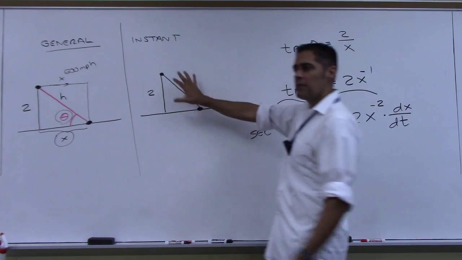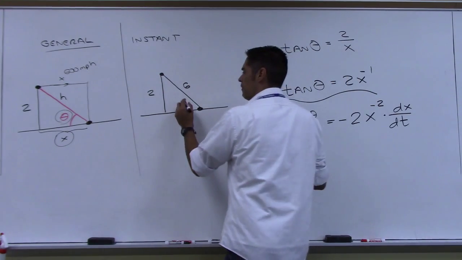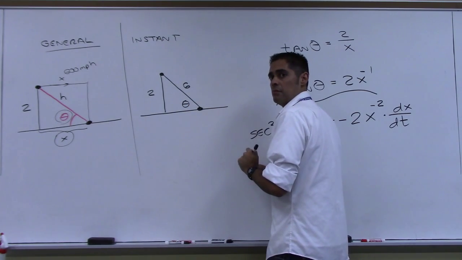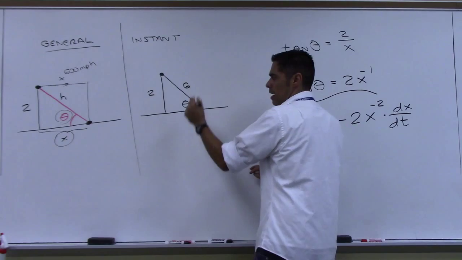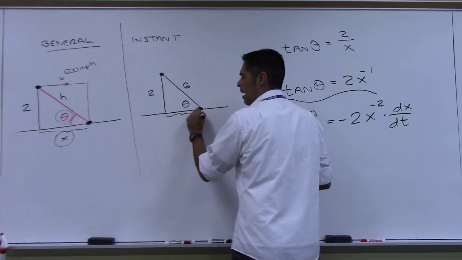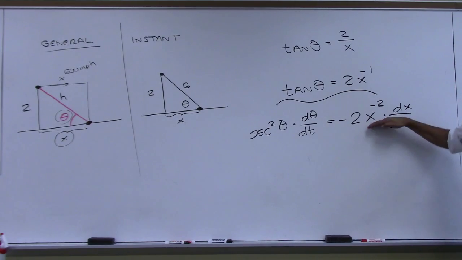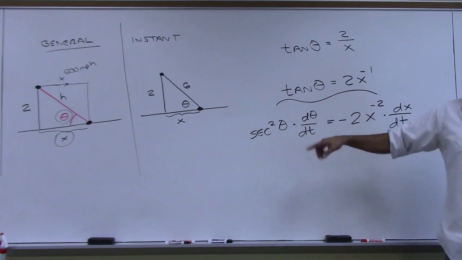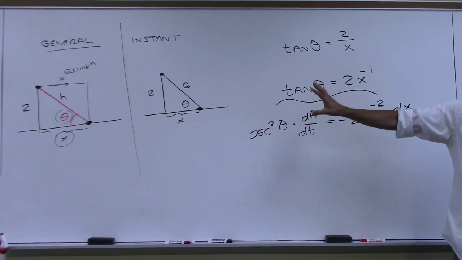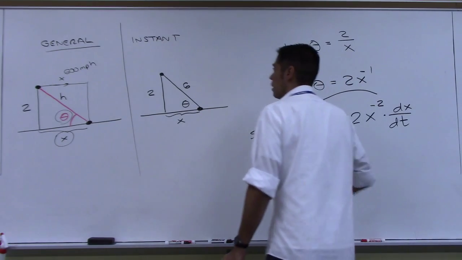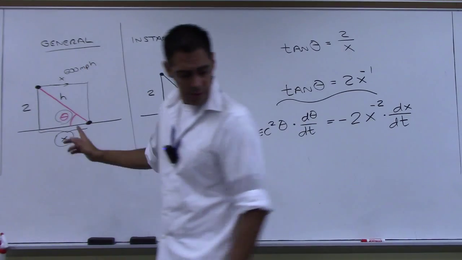But I can fix everything in time now. And if I fix this, could you solve for theta here? Yes? Okay, and what about this side here, x? Could you solve for x? Yes. So because I need x and I need theta, I'm going to go solve for both of those using my instant and time picture. So help me get theta. Were there any questions?